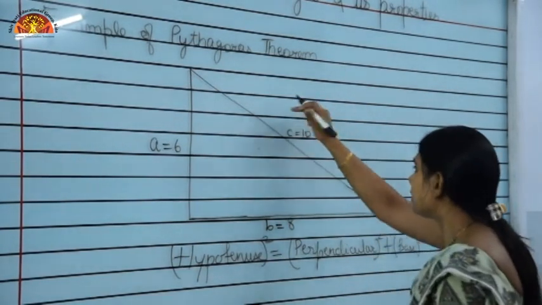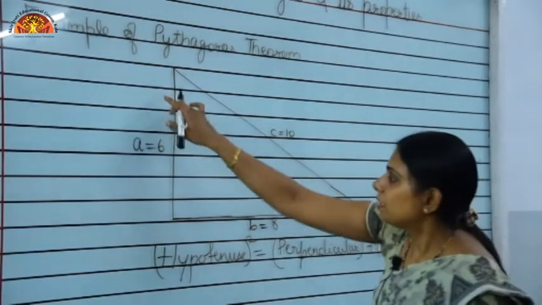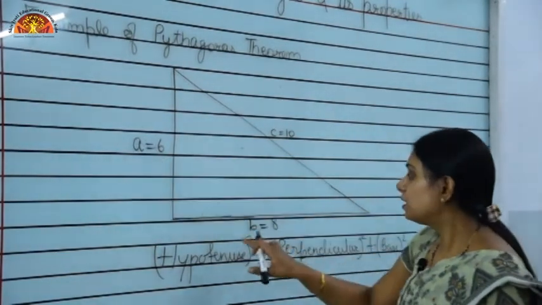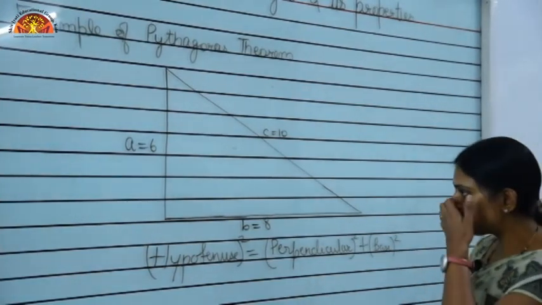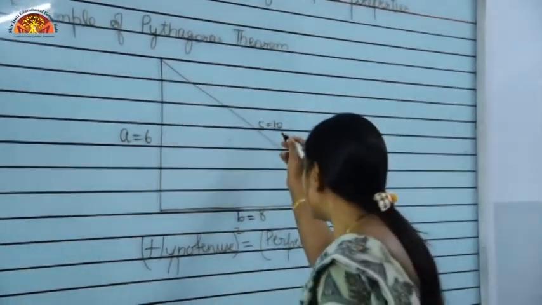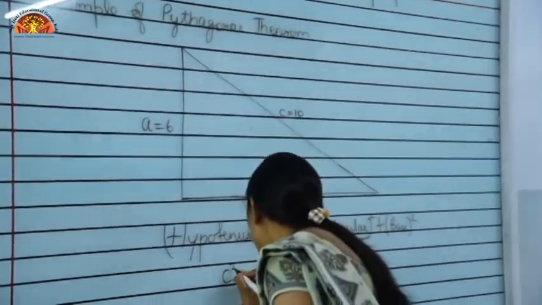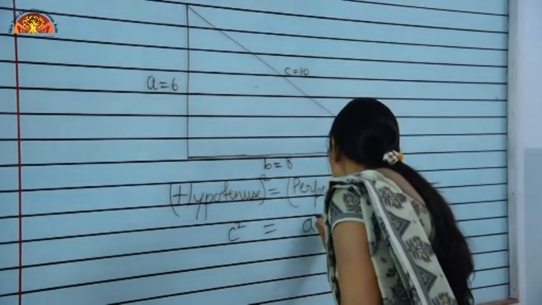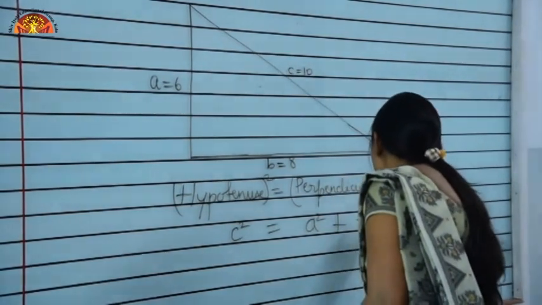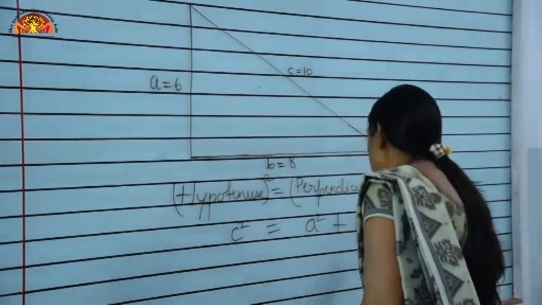So this is the hypotenuse, A is perpendicular and B is base. So putting in the values as per the statement, C square is equal to perpendicular square, which is A square, plus base square, which is B square.